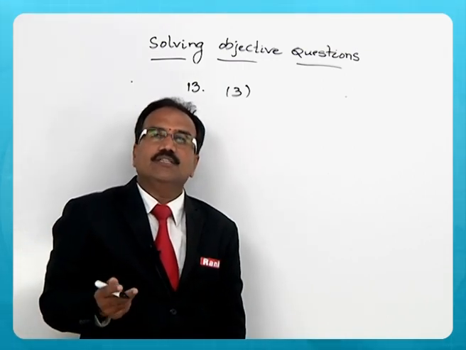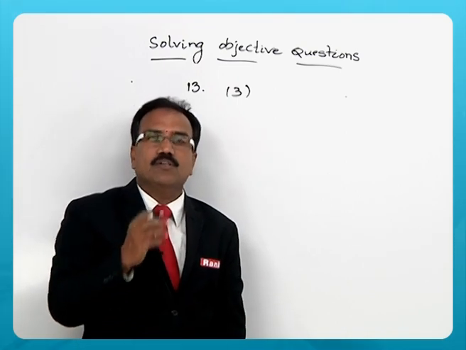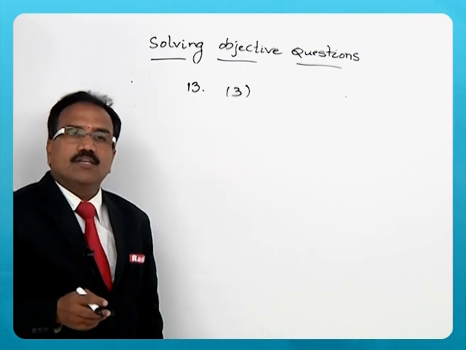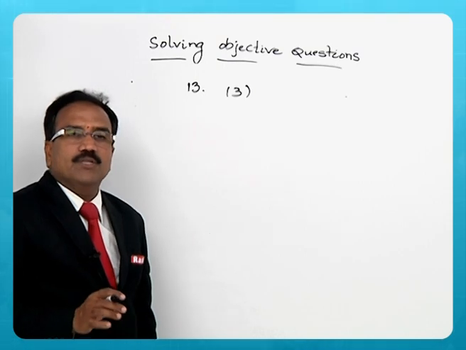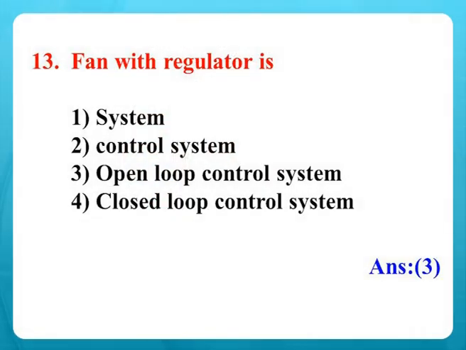There is a regulator to change the speeds, but it is not measured. Speed is not measured at what speed it is running, but still it is a control system and it is an open loop control system because there is no feedback of the speed. So option 3 is the right answer.